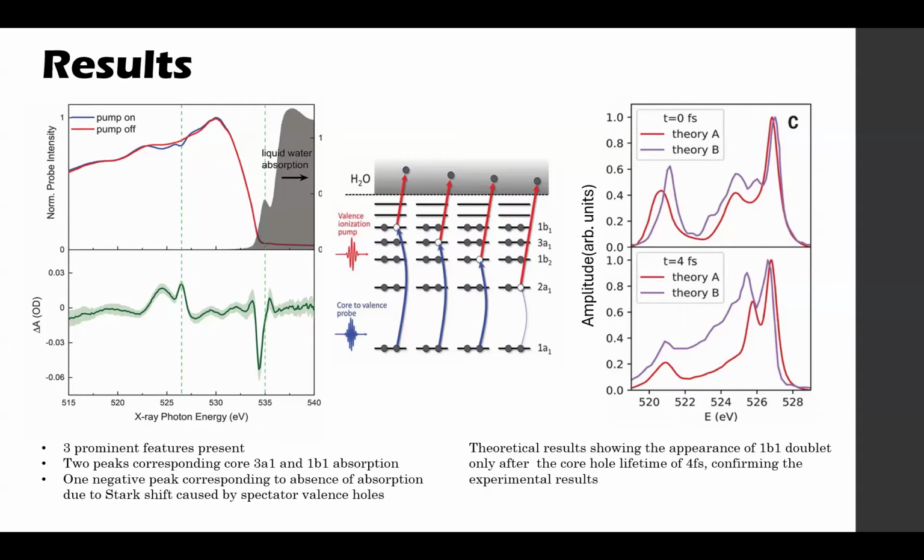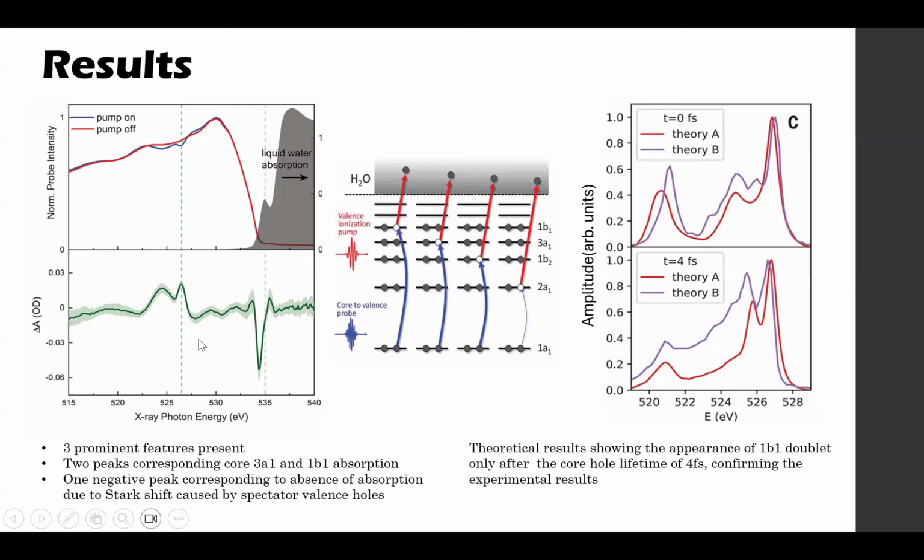That difference leads to what we can see over here. This is the delta A spectra, and we can see three prominent features: two positive peaks and one big negative peak.